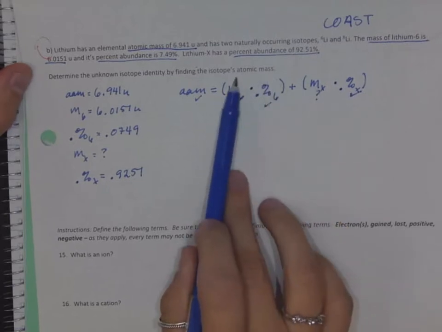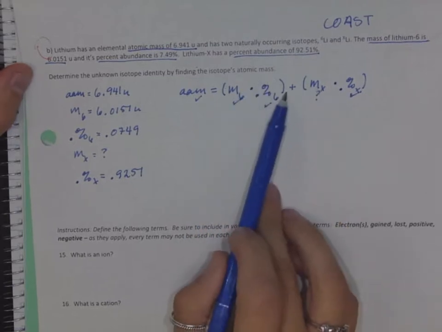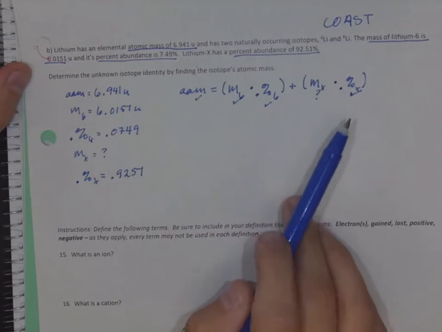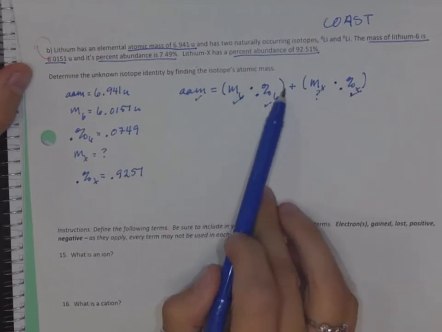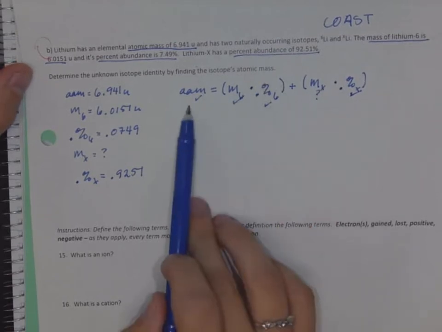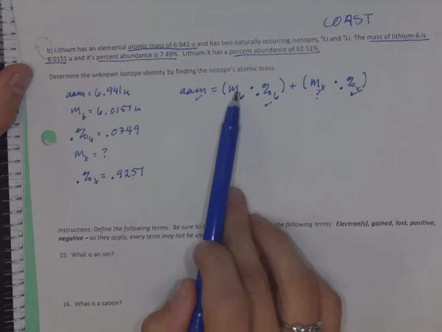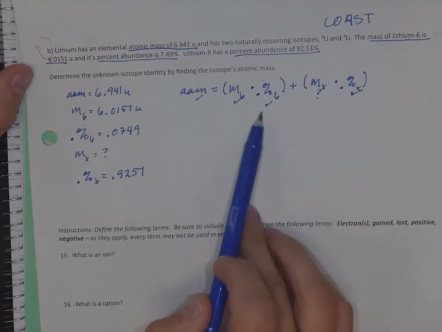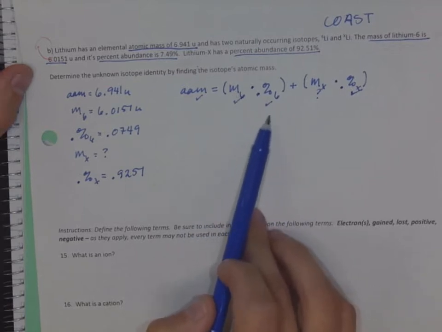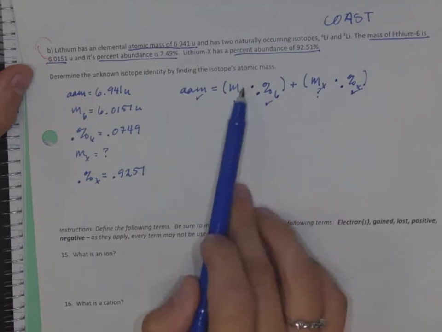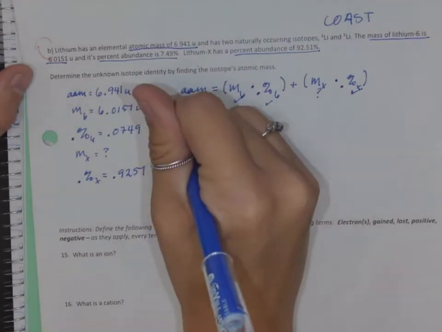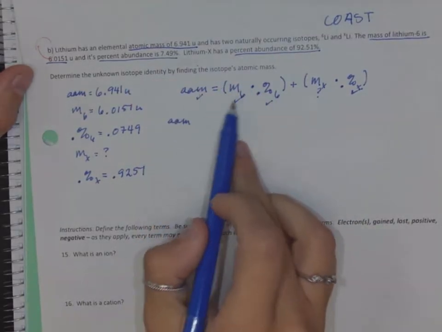And notice this whole component here is added to this. So my first step is going to be subtracting this whole thing to the other side. So it's like minus the mass of 6 multiplied by the percentage of 6. And then we're going to do that here and there. So I would have average atomic mass, but then I'm going to subtract this.